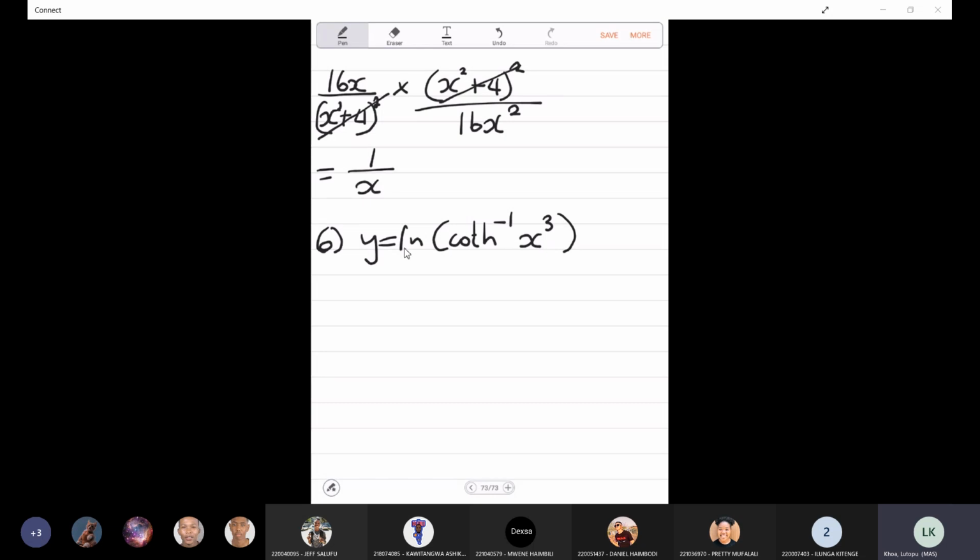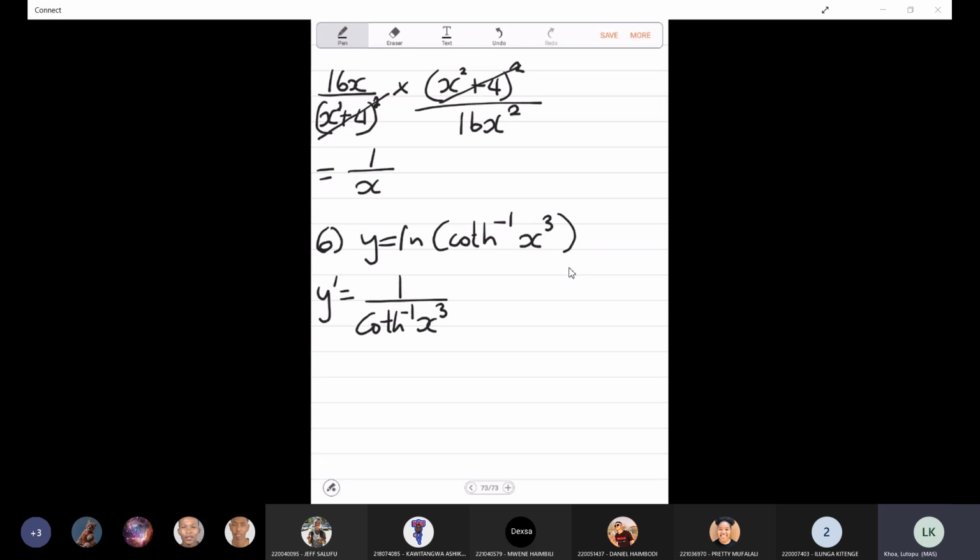Differentiating this using the chain rule, we start with the derivative of ln. So that is 1 over hyperbolic cot inverse. So y prime, this is 1 over hyperbolic cot inverse of x to the power of 3, and then we multiply by the derivative of what we have here in the brackets.